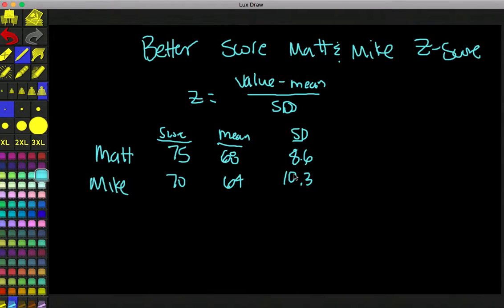All right, so all I'm going to do is take the score, the value, which is going to be 75, minus the mean, which is 68. That's going to be divided by the standard deviation, which is 8.6. I'm going to do the same thing for Mike. Mike is going to be 70, his score, minus the mean, 64, over 10.3. Okay, so get out my calculator.